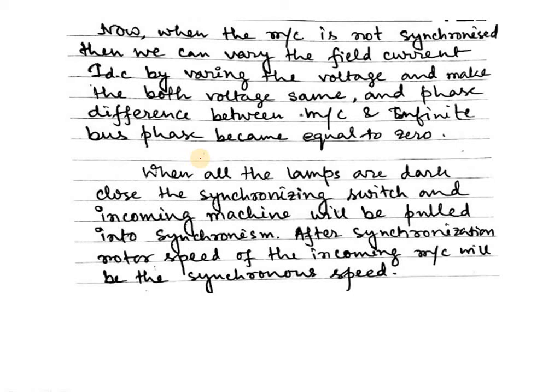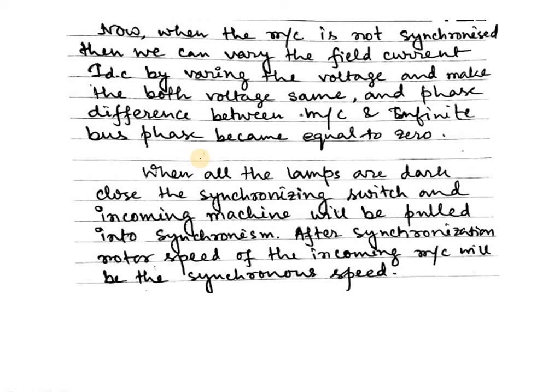When all the lamps are dark, close the synchronizing switch, and the incoming machine will be pulled into synchronism. After synchronization, the speed of the incoming machine will be the synchronous speed.